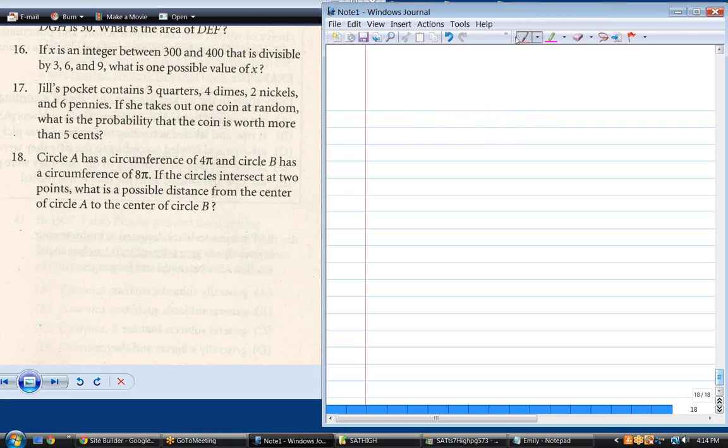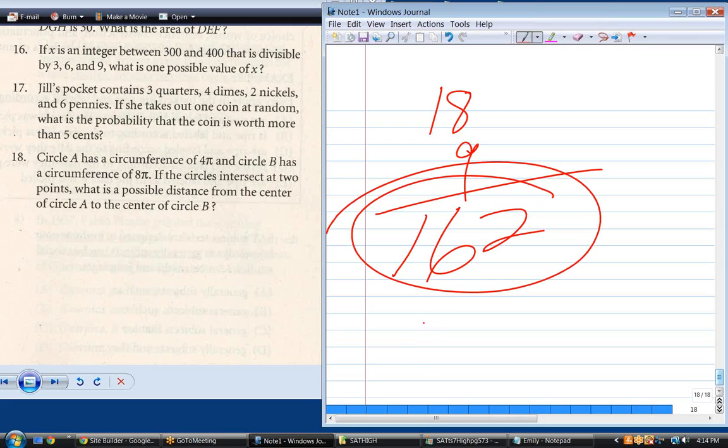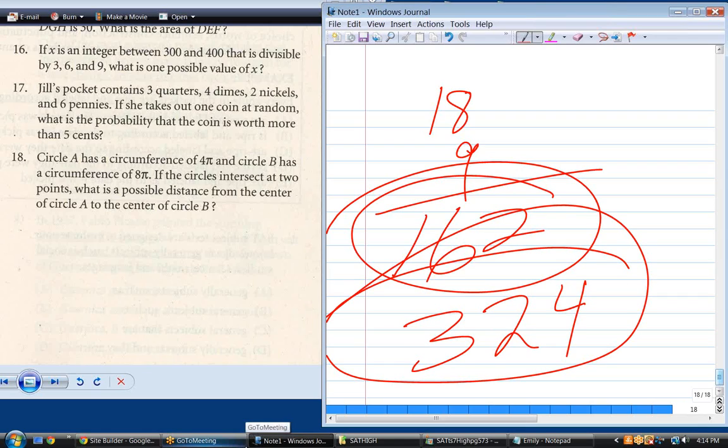So, what if we multiply 18 by 9, 162, and double it? 324 has to be divisible by 3, 6, and 9.